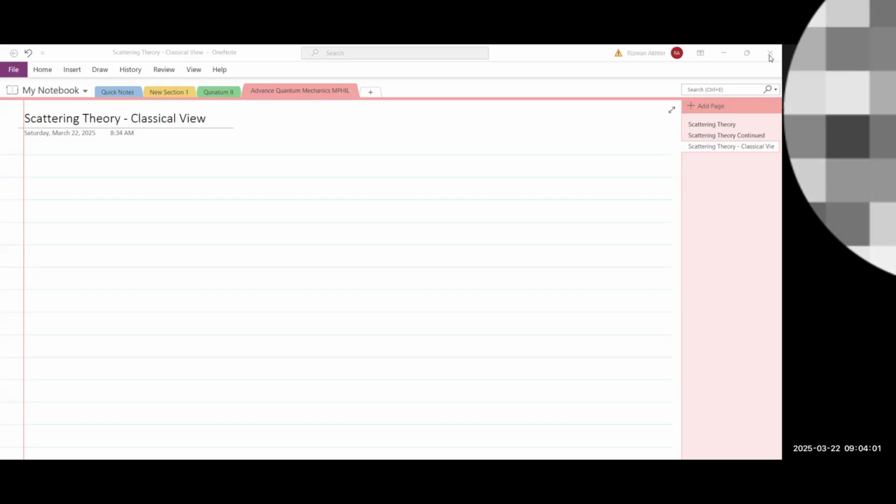What we learn from the passage of a single particle is only whether it is scattered or not scattered.